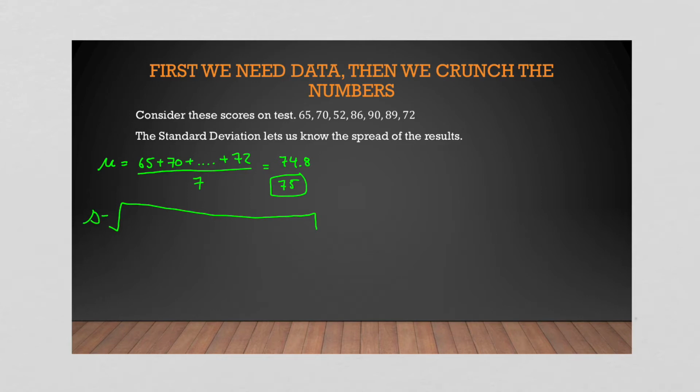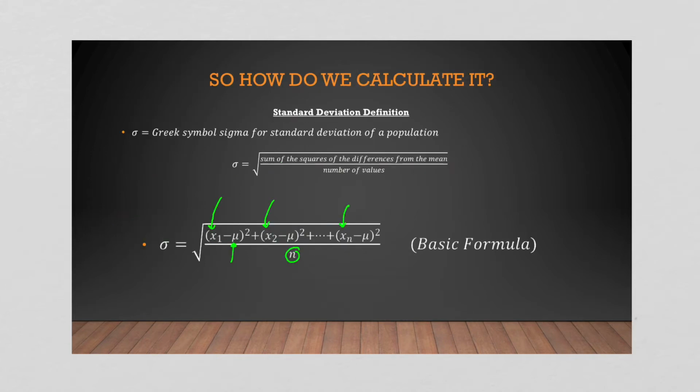Okay, so what we have to do now is take this big rooted statement, okay? The standard deviation is equal to our first term minus our mean, squared, plus our second term minus our mean, squared, and our third term minus our mean, squared, all the way to our last term, so in this case x7 minus our mean, squared. All of that is then going to be averaged underneath my root symbol. So I've shorthanded that for you here. Your standard deviation, let me get the symbol accurate, there you go.